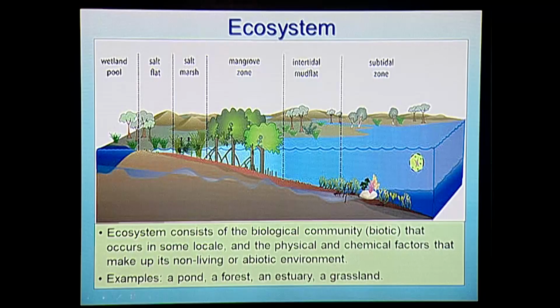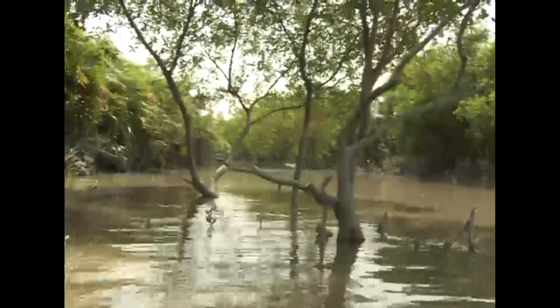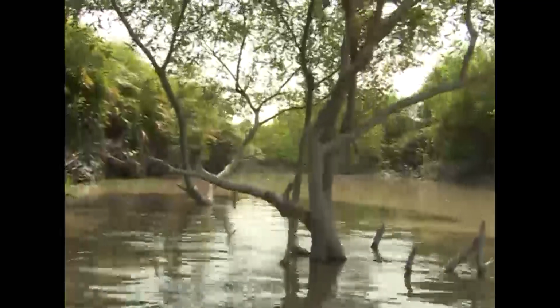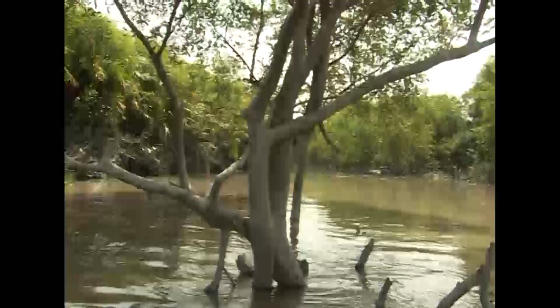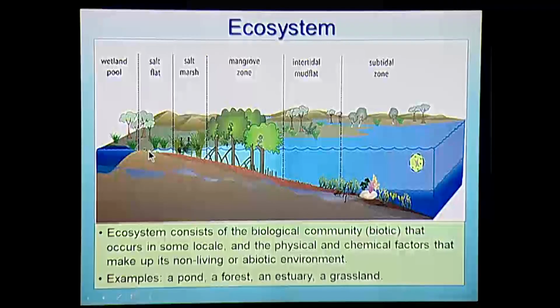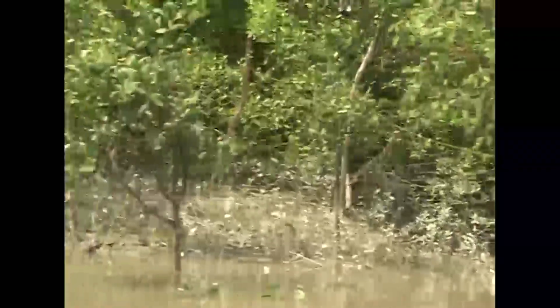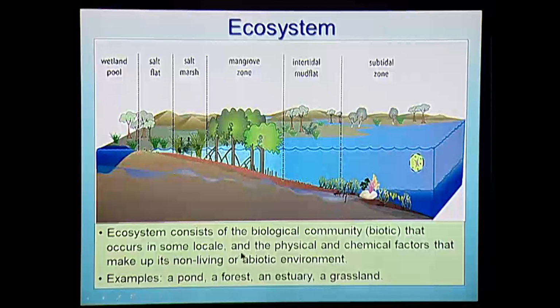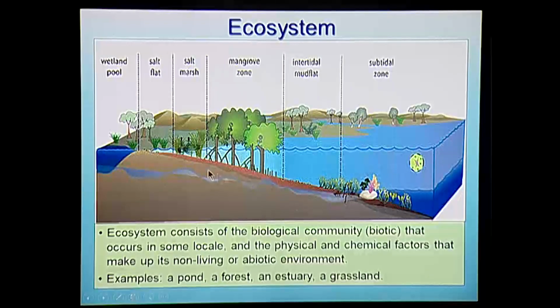Over here, we are taking an example of an estuarine ecosystem, where due to the high tide, the water reaches up to this portion, and during low tide, the water level comes down to this portion. Hence, in this ecosystem, the water inundates and recedes, creating a dynamic ecosystem.